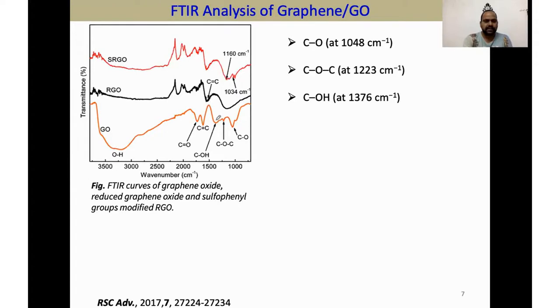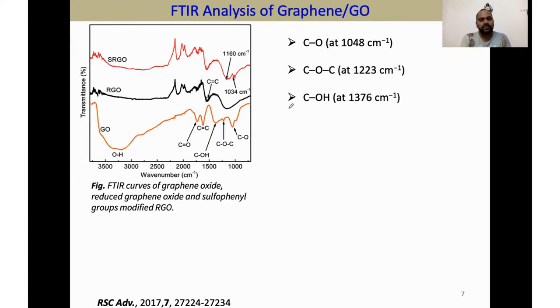This is the peak. And see here, all these peaks are almost disappearing here. In the case of graphene oxide, oxygen is always bonded with carbon, or carbon with OH. These kinds of functional groups are present in graphene oxide.